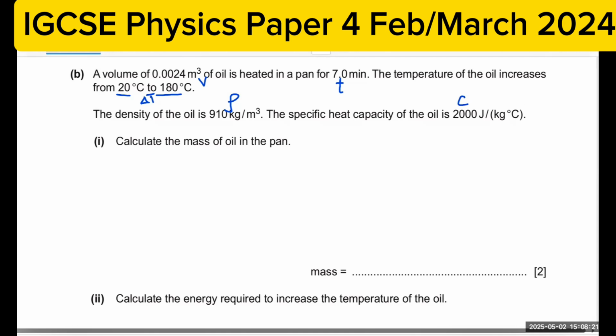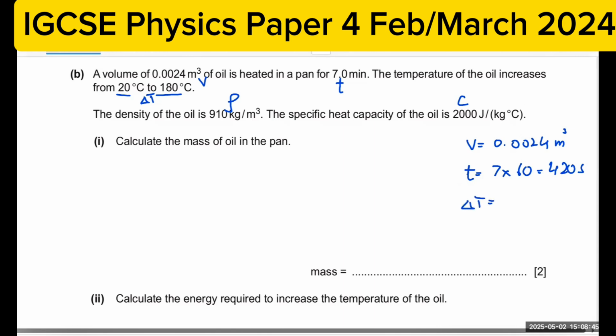So let's calculate the data. So first of all, we have a volume that is 0.0024 cubic meter. Second we have the time that is 7 times 60, that is 420 seconds. Okay, the change in temperature.